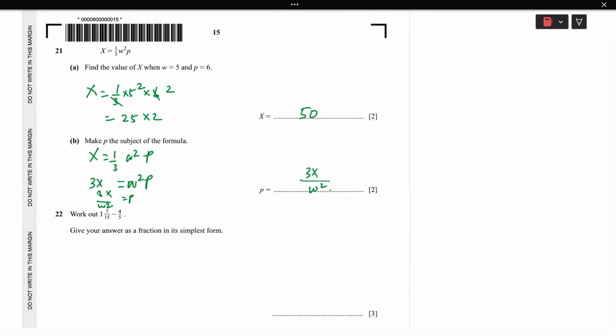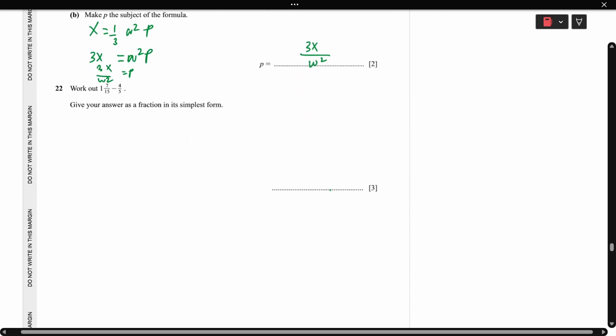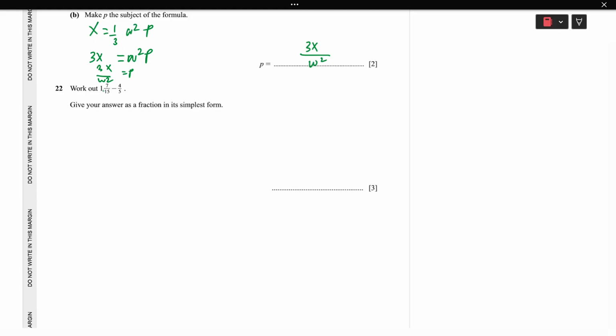Okay, so the next question, work out 1 7/15 minus 4/5. First we'll change to an improper fraction. 15 times 1 is 15, plus 7, 22. So 22 over 15 minus 4 over 5. So make the denominators the same. I need to multiply by 3 here.